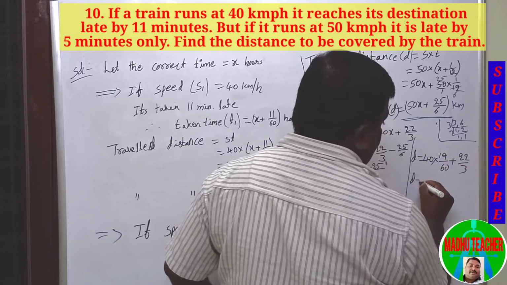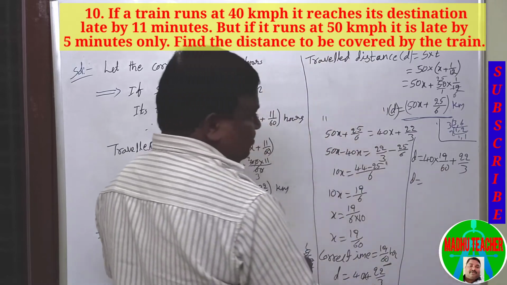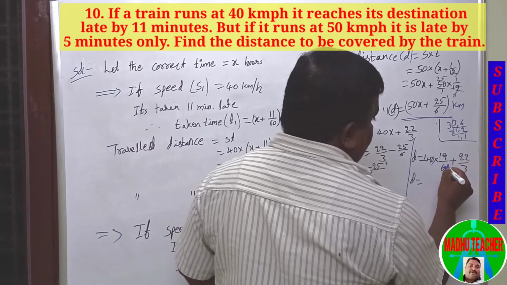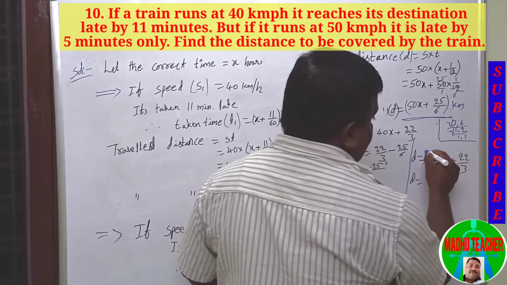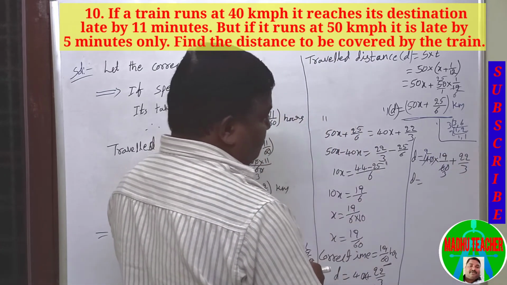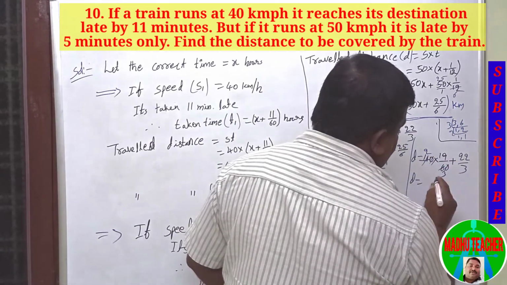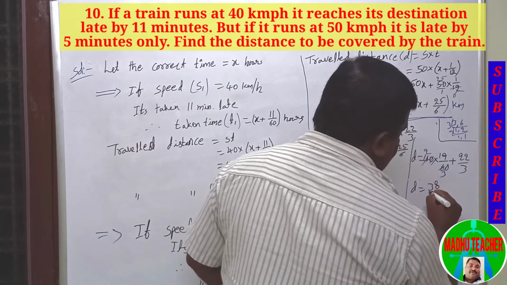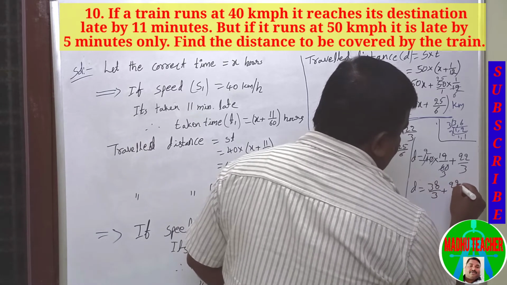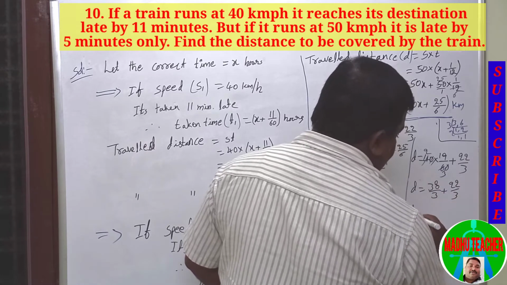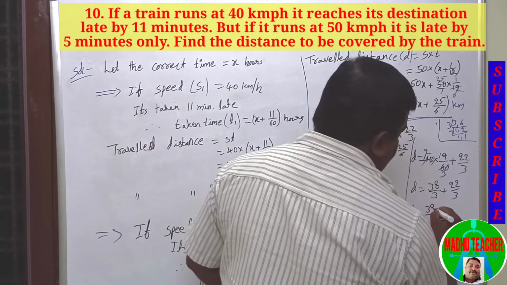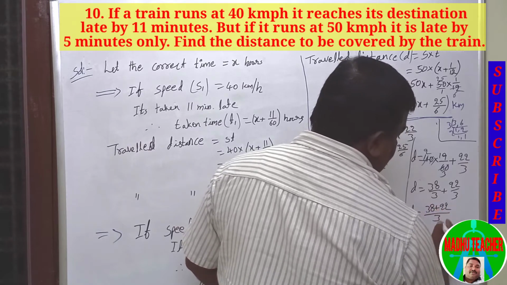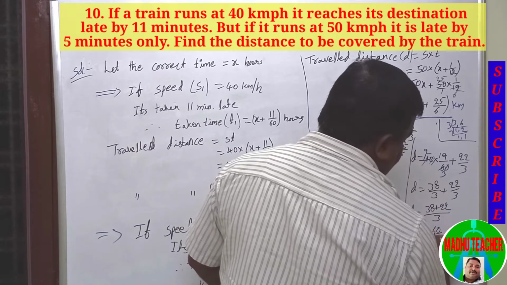Here we can cancel: the zeros get cancelled, 2 3s are 6, 2 2s are 4. So therefore 19 2s are 38 by 3 plus 22 by 3. We have the same denominator, so we can add the numerators directly. That is D equals 38 plus 22, 60 by 3.